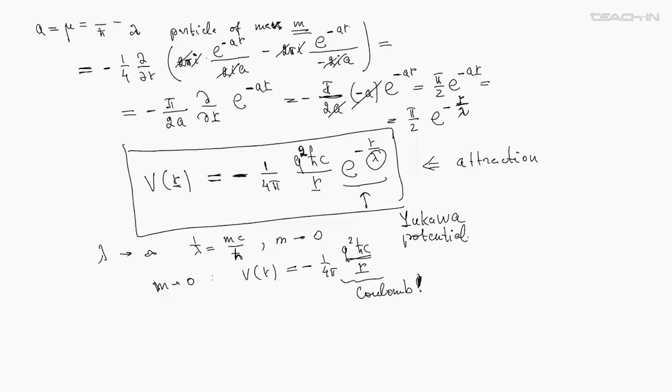And indeed, later, this particle called the pi meson, or sometimes people call it simply the pion, was discovered in cosmic rays.